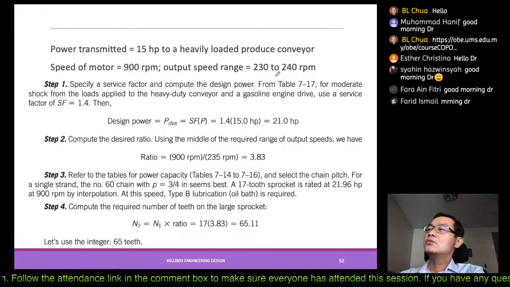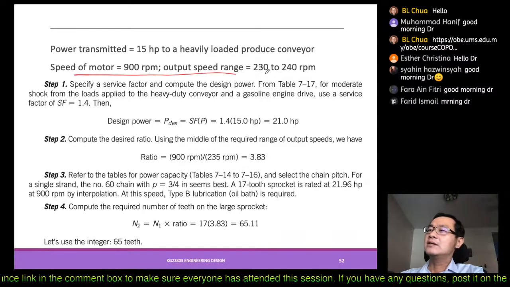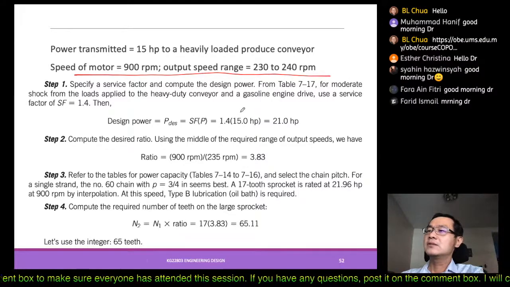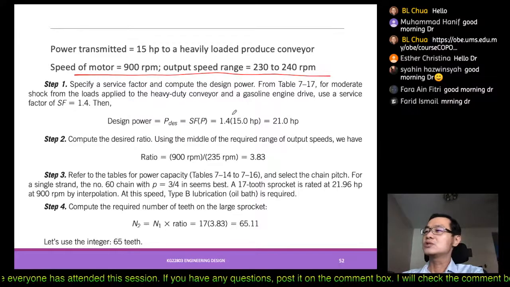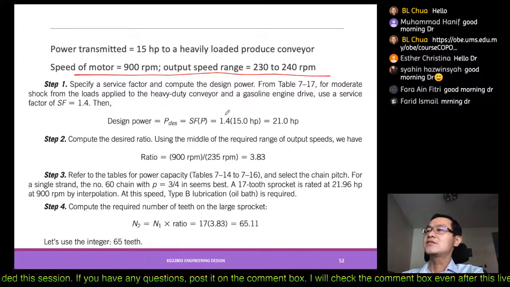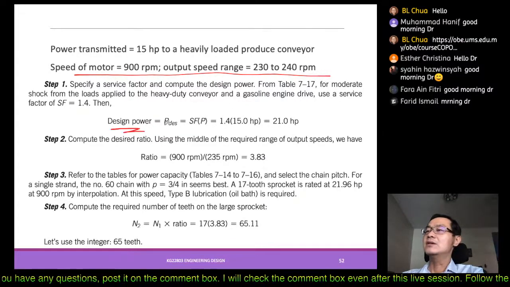So now what we are given is clearly stated. What we do now is to select the service factor first, for the design power.